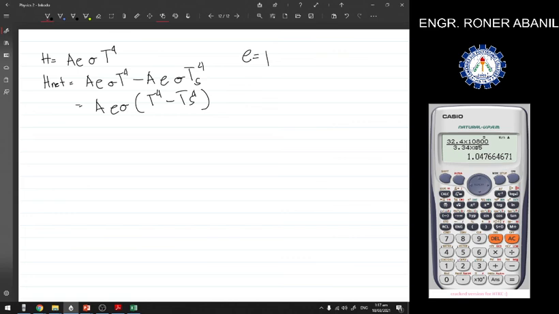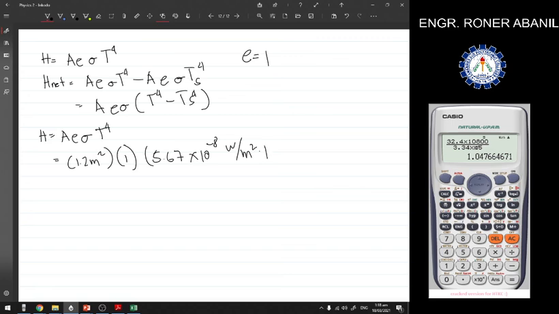So, using this formula, we can get the rate at which the body radiates. From this formula, H is equal to A E sigma T raised to 4. Here the area will be 1.2 square meters. Our E is unity, which is 1. Our constant is 5.67 times 10 raised to negative 8 watts per square meter K^4.